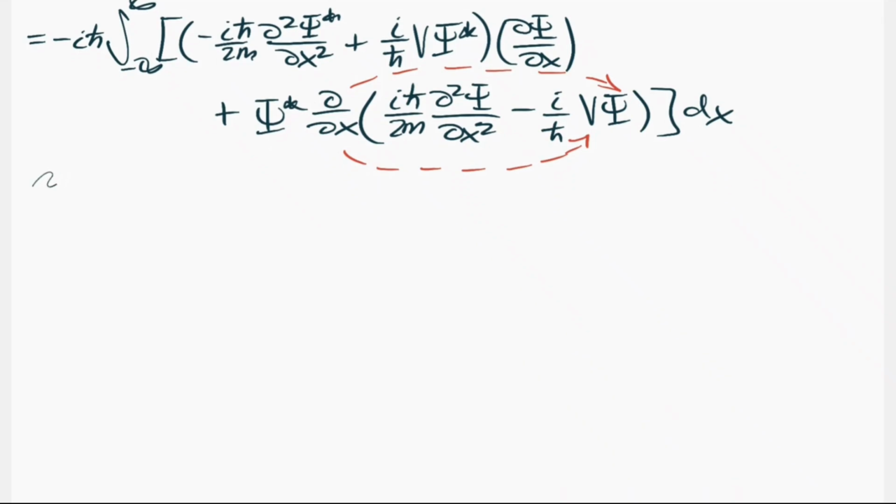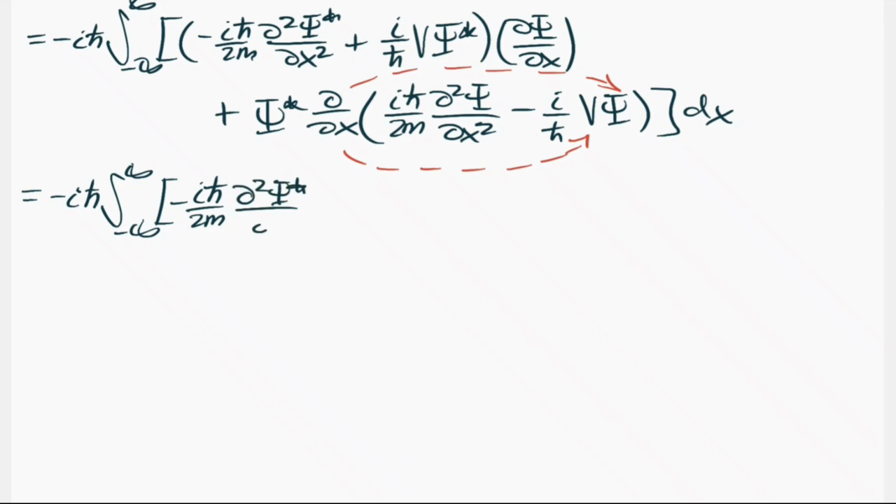So what we're left with then, actually we're going to expand this out quite a bit. We're going to have negative i h bar in the front, our integral from negative infinity to infinity, and then a big bracket here, negative i h bar over 2m, d squared psi star dx squared d psi dx, plus i over h bar V psi star d psi dx.